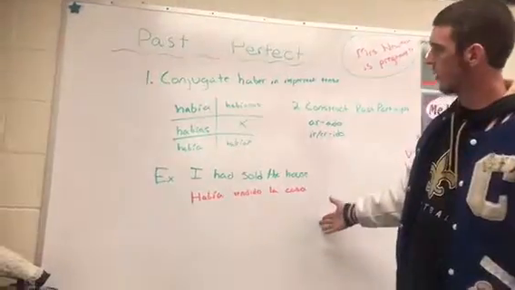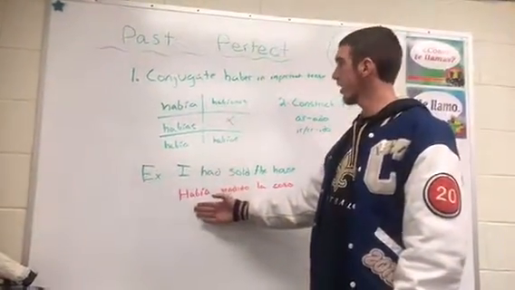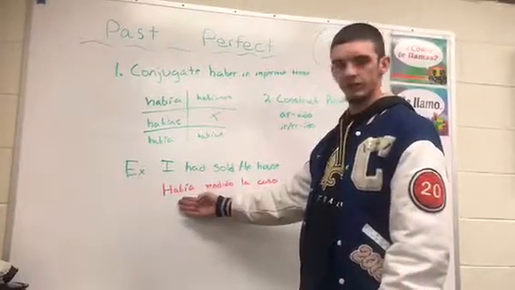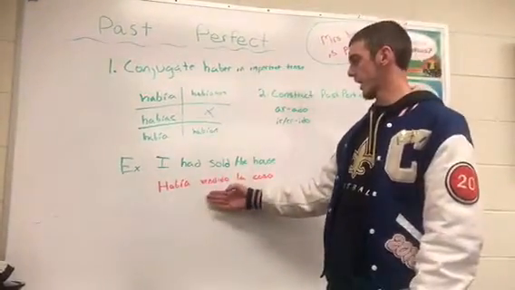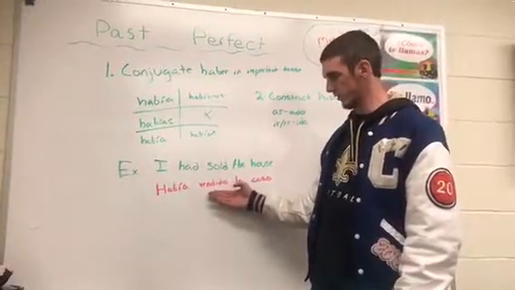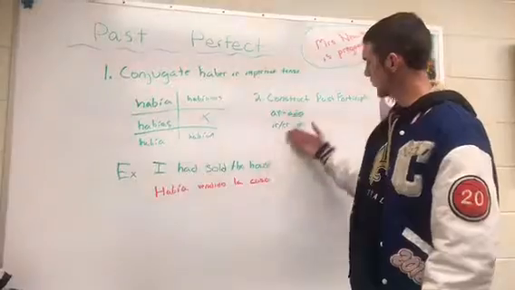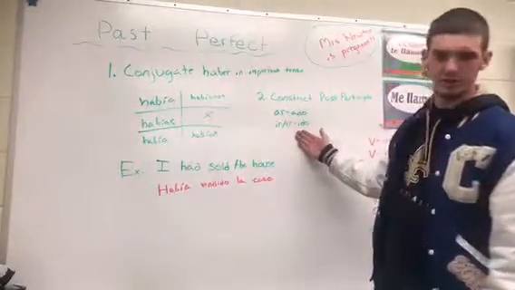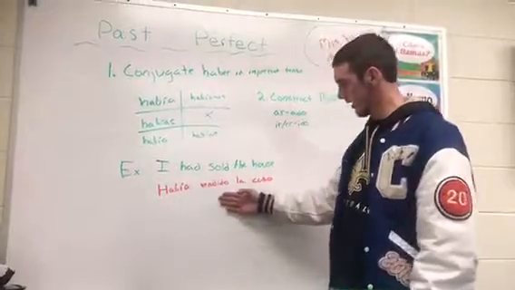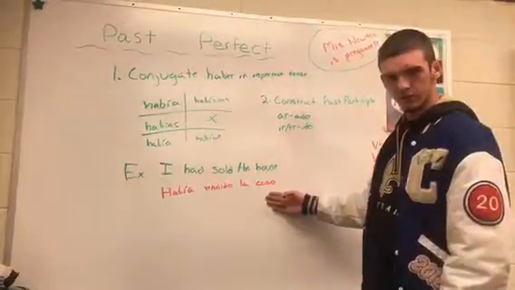Now, you get your conjugation of haber, which is había, and then sold is vendido, because you chop off the IR or ER and put ido, and then la casa, había vendido la casa.